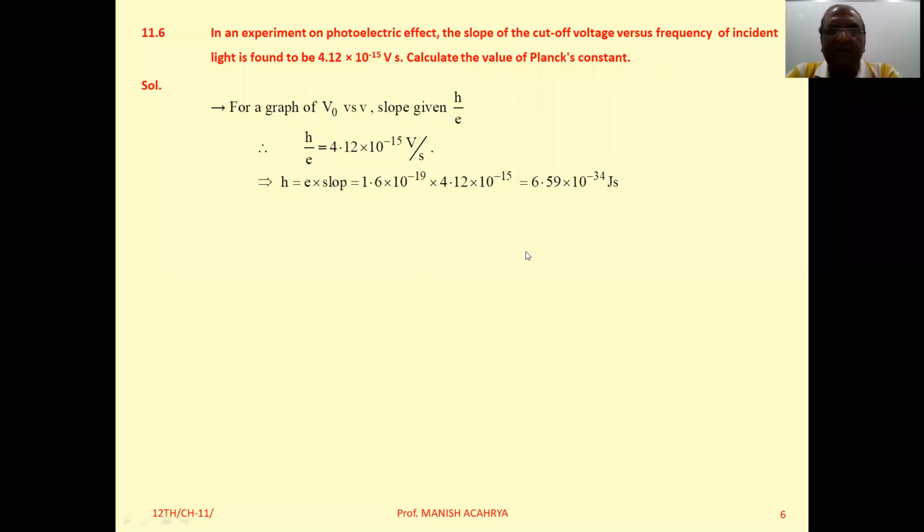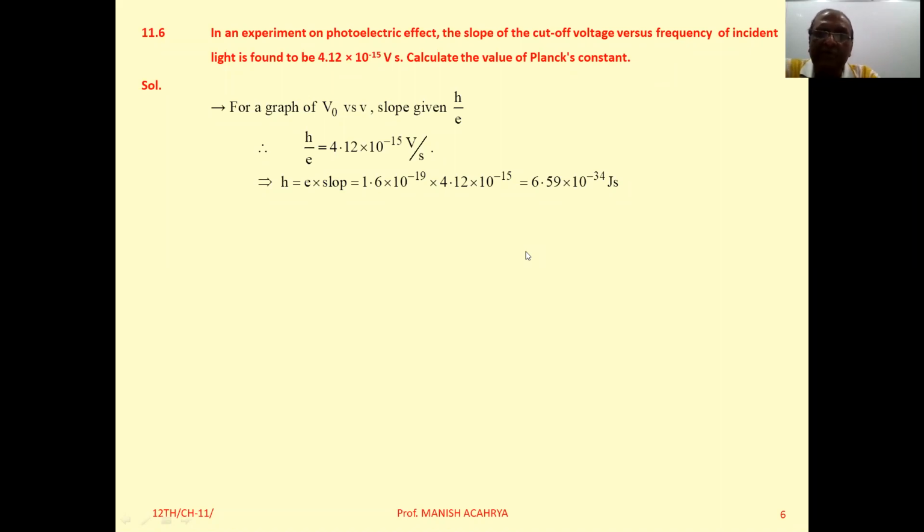11.6. In an experiment on photoelectric effect, the slope of the cutoff voltage versus frequency, that is, the slope of stopping potential versus frequency of incident light, is found to be 4.12 into 10 raised to minus 15 volt second.